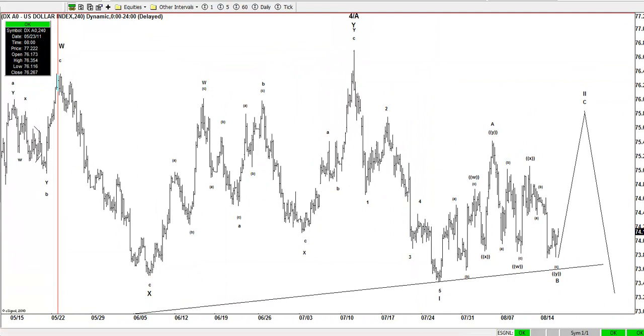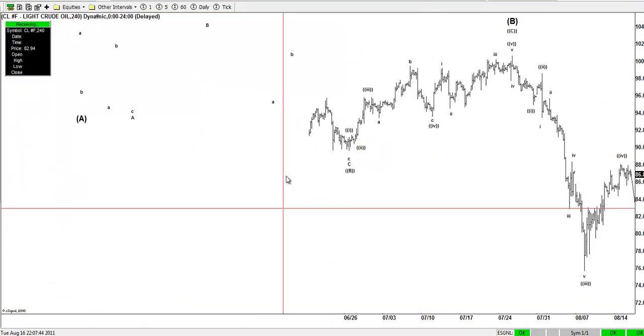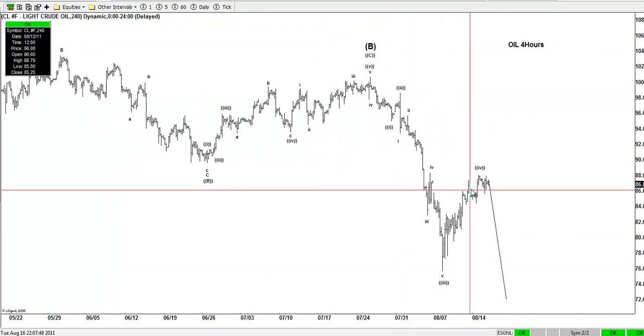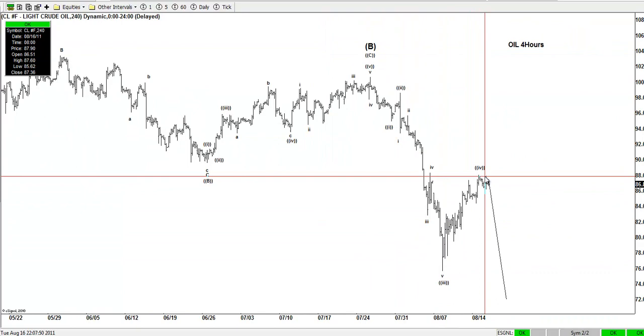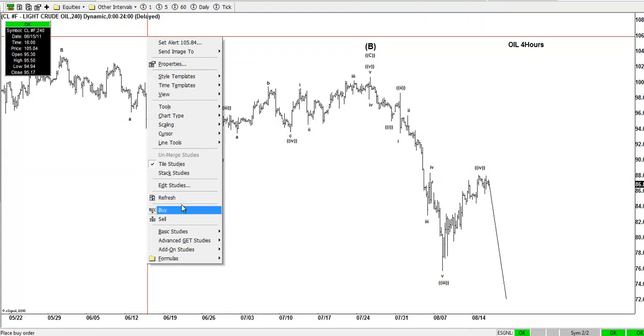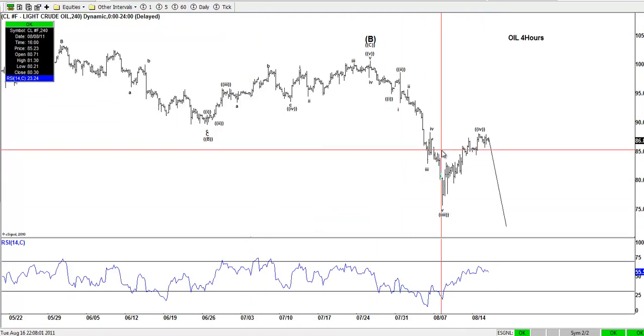Now let's move on to oil. Again, I don't like what oil is doing because this is taking too big in time and too big in price, like Aussie. Now this move to the downside, if you put the RSI in oil, it gives you the urgency.